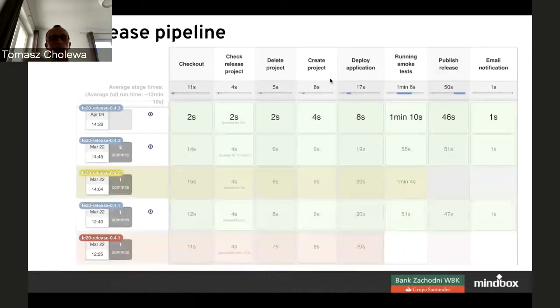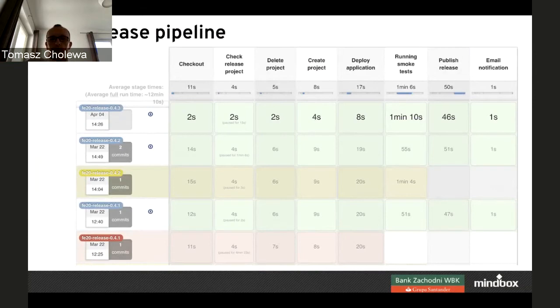Okay, so what we managed to do, this is actually a sample screenshot of the release pipeline, but the deployment itself, our goal to have a 10 minute release, was achieved.